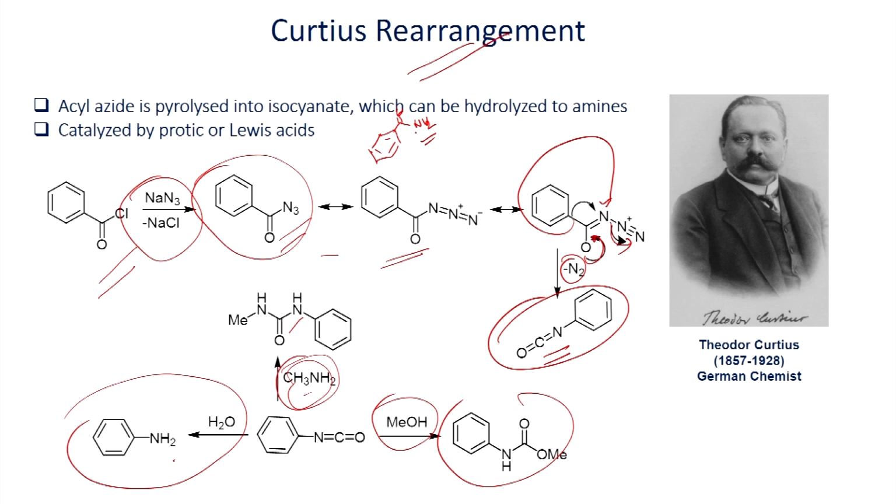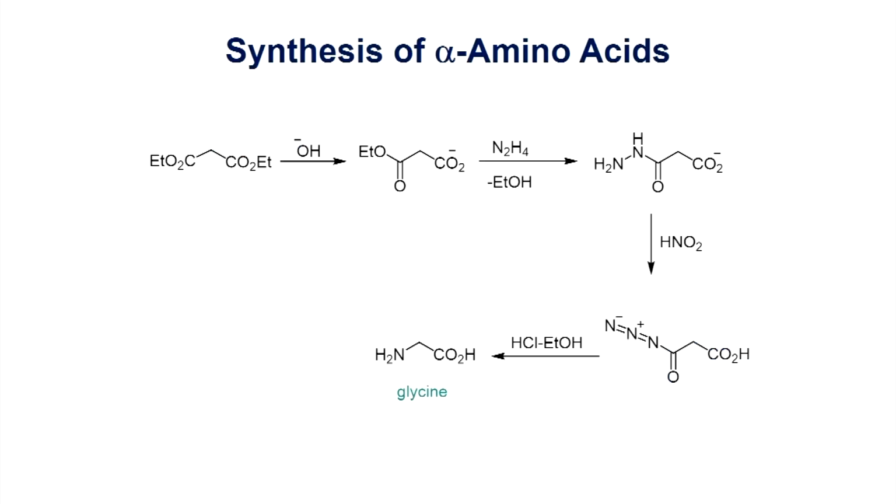We react this amide with aqueous sodium hydroxide and bromine to give this isocyanate, which can further react with different nucleophiles. Here the starting material is acyl azide, which can be converted into isocyanate by heating, and which can be further reacted with different nucleophiles to give the addition products.